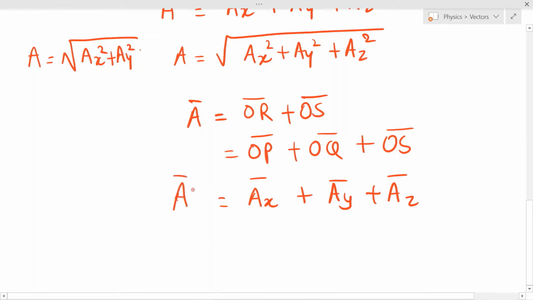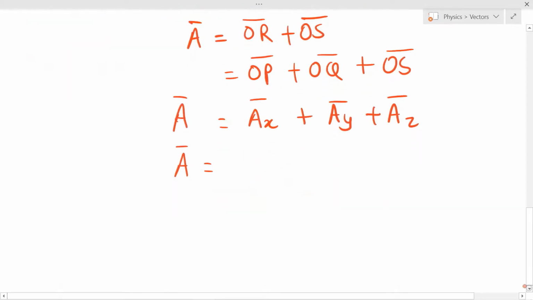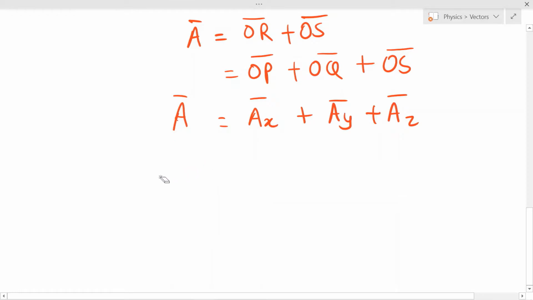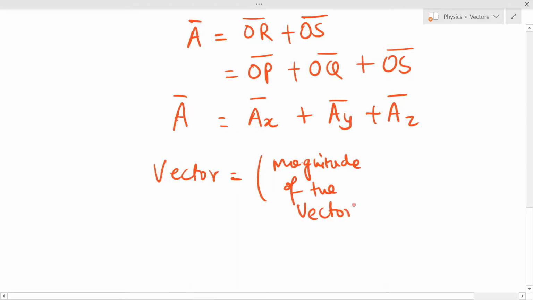So now again in terms of the unit vectors, you know that any vector can be written as its magnitude times the unit vector, that is the vector with a magnitude 1 along the vector's direction.